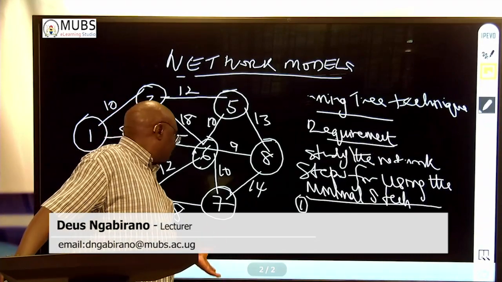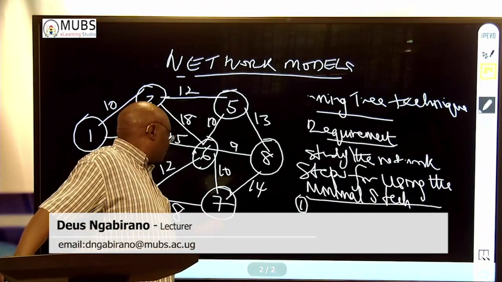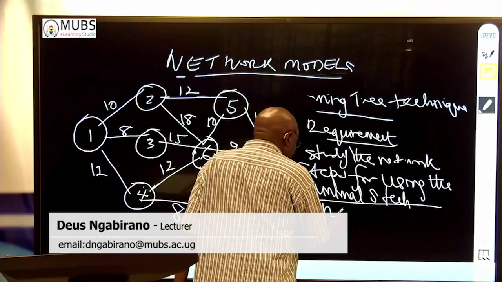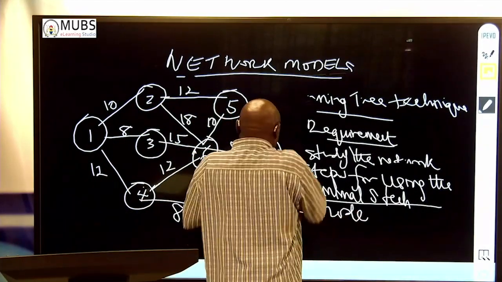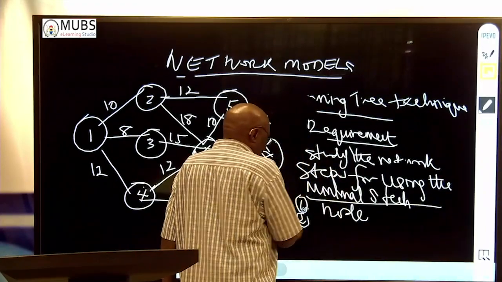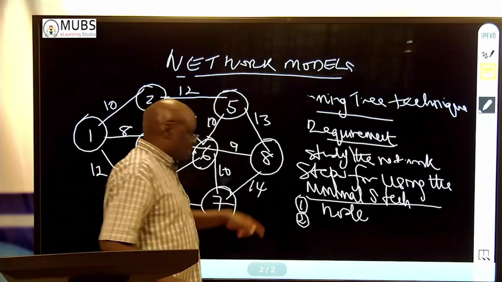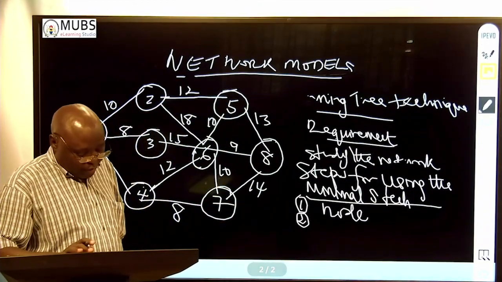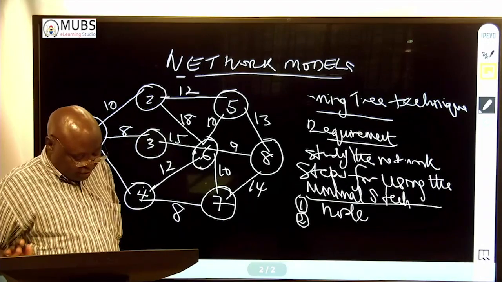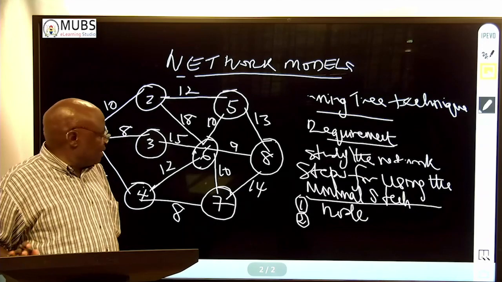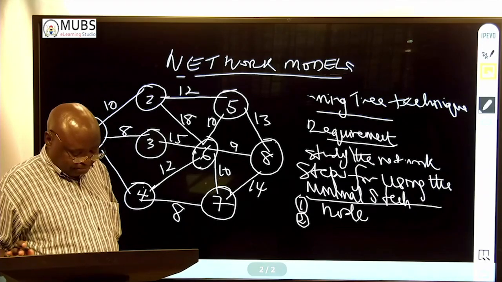The nodes are the circles representing houses. Step 2, connect this node to the nearest node that minimizes the total distance.